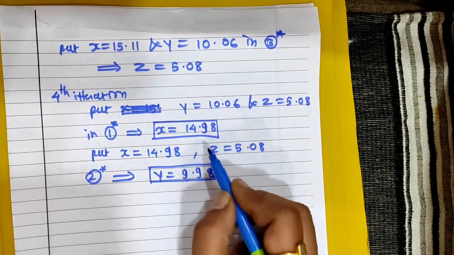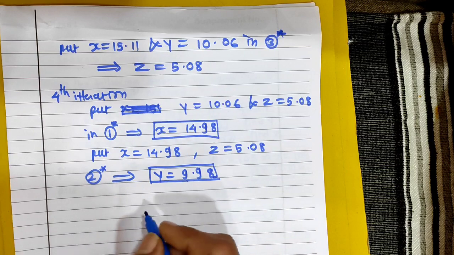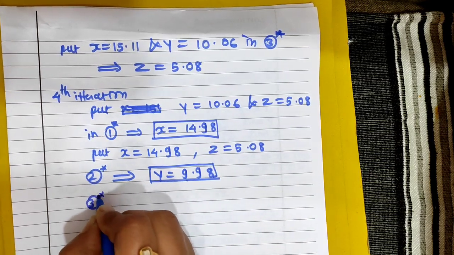Now by using the latest values of x and y, we want the value of z. From where can we get it? Equation 3 star.